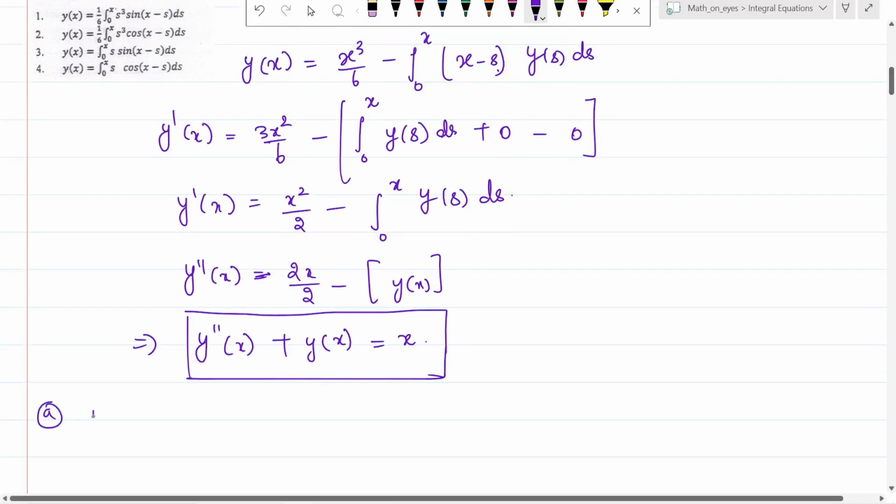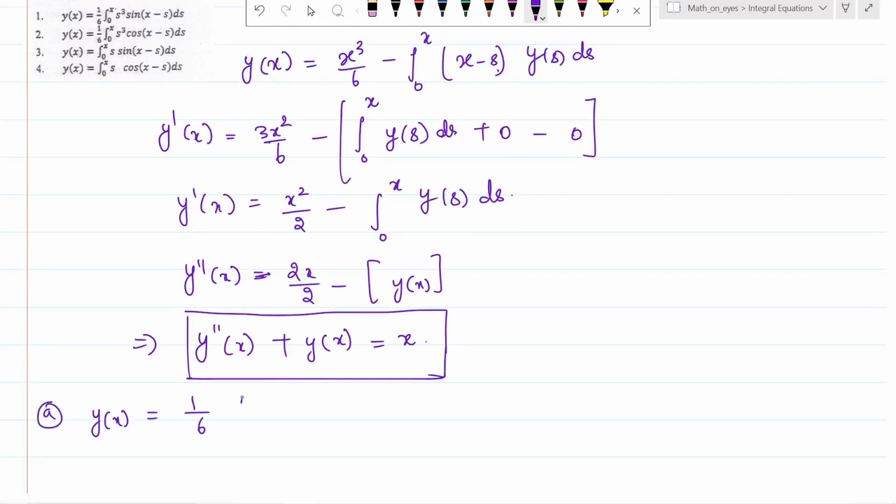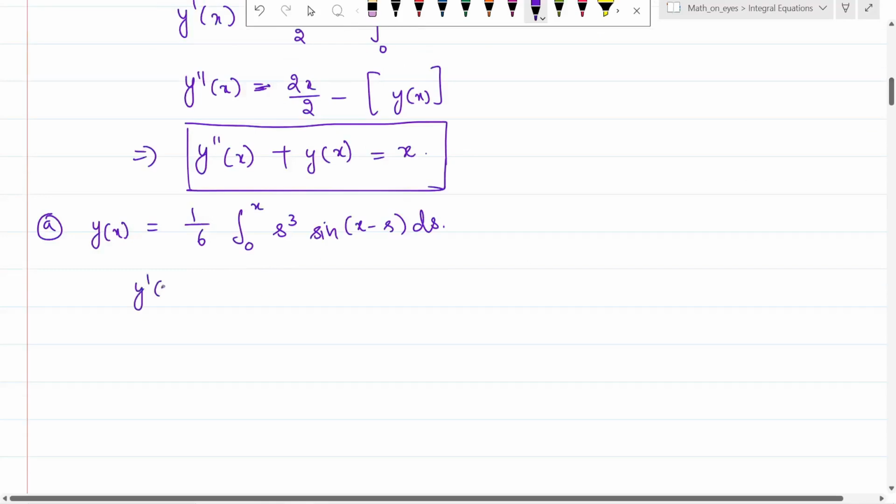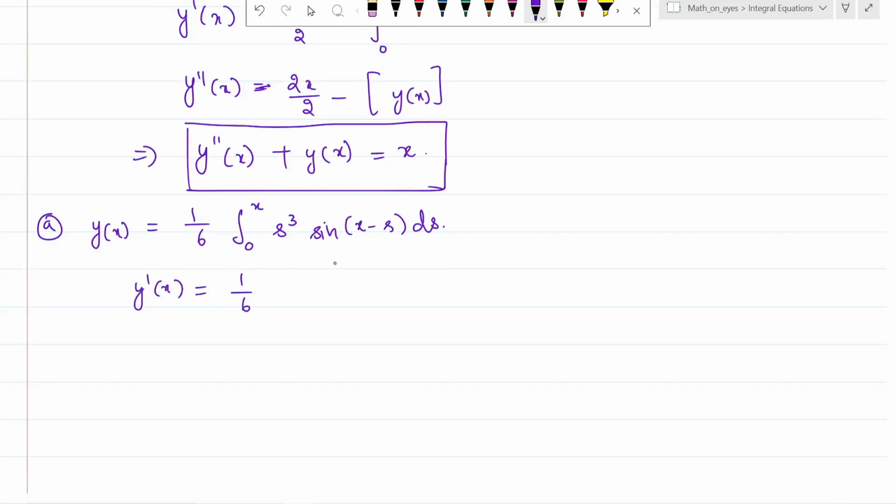Option A: y of x is equal to 1 by 6 integral 0 to x of s cube sine of (x minus s) ds. Here y dash of x is equal to 1 by 6 outside, and when you differentiate with respect to x, we get the integral 0 to x of cos of (x minus s) into s cube as it is, ds.